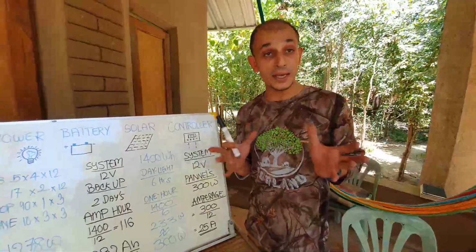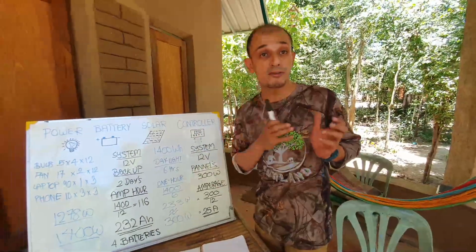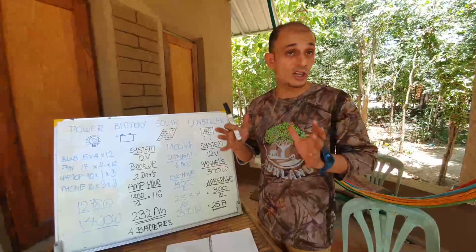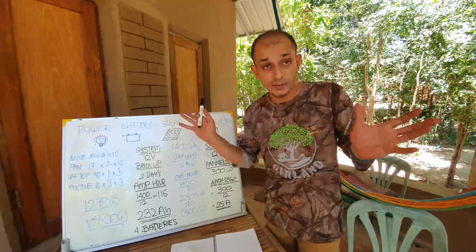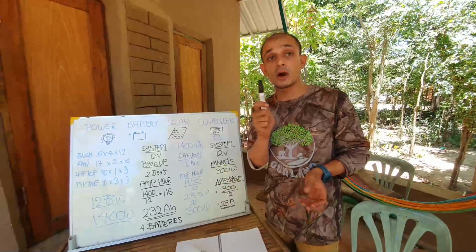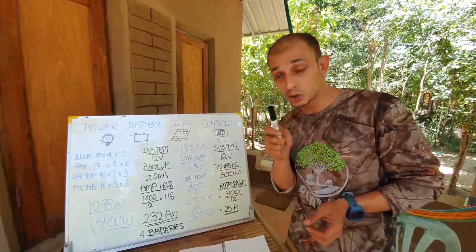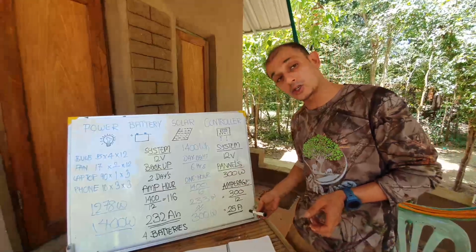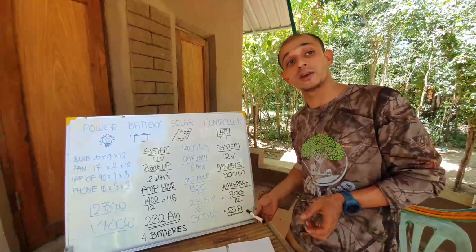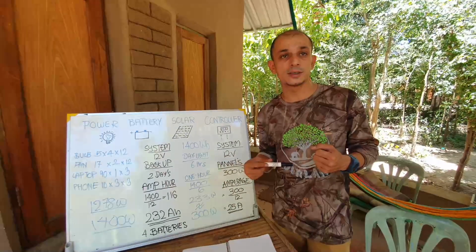When you buy your PWM or any other type of controller, you get it in different variations: 10 amps, 15 amps, 20 amps, 50 amps, 100 amps. You get to choose whichever amps. All you've got to make sure is that the PWM controller, or whichever controller you choose, has a higher amperage than what you have calculated over here. Now, let's go check out the real system.